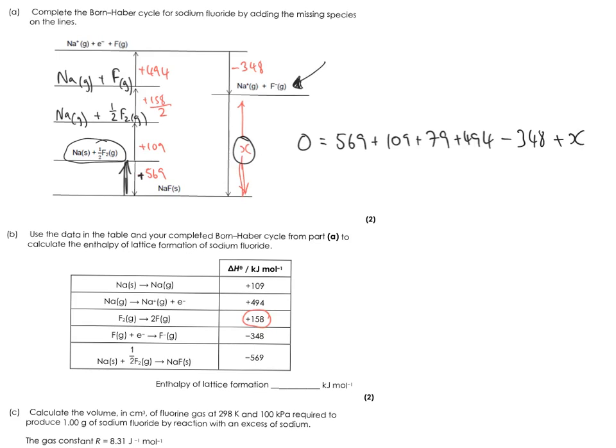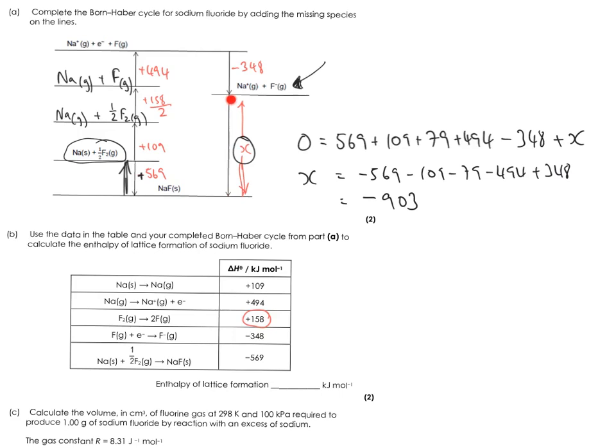And then we need to take everything onto the other side, so x will equal minus 569, minus 109, minus 79, minus 494, plus 348, which gives us minus 903.